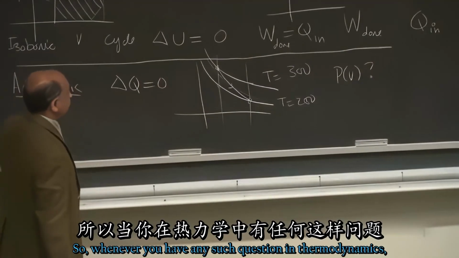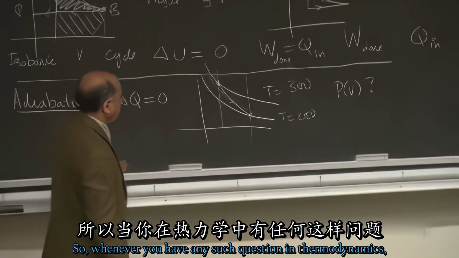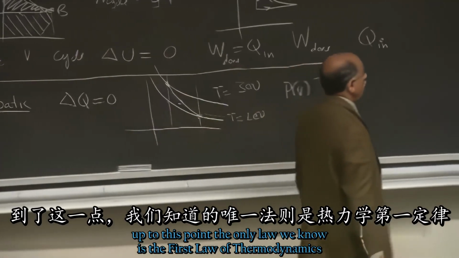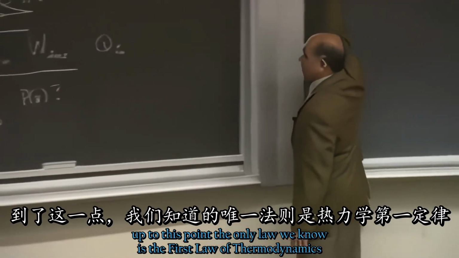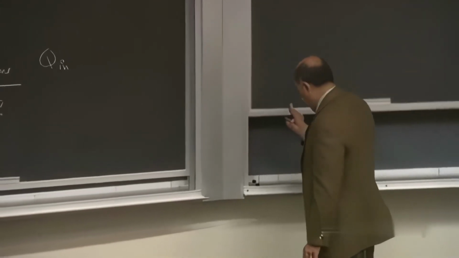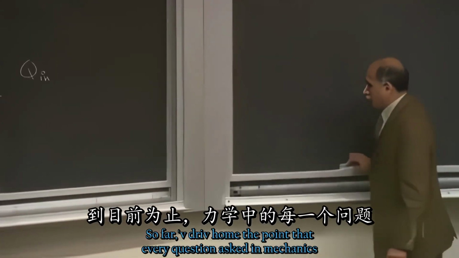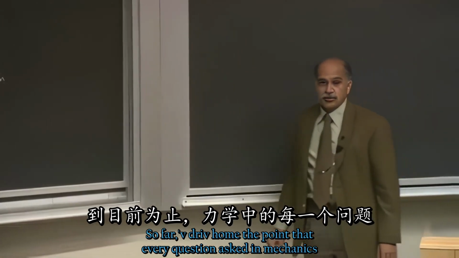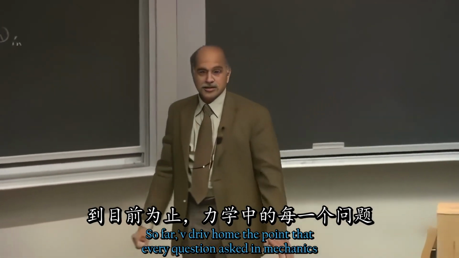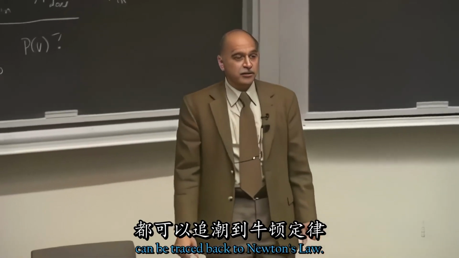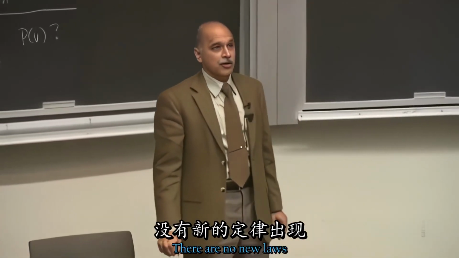Whenever you have any such question in thermodynamics, up to this point, the only law we know is the first law of thermodynamics. So you have to go back to that. So far, I've driven home the point that every question asked in mechanics can be traced back to Newton's law. There are no new laws.